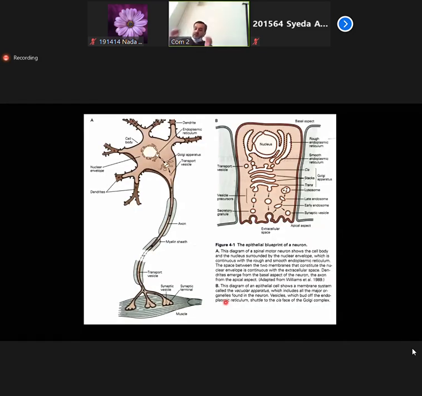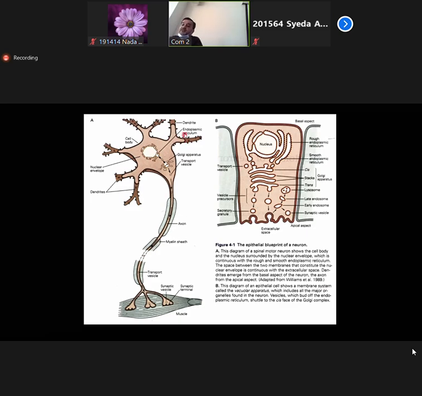So if we look at a neuron, we would find that it is a type of cell, but it's a little bit different type of cell from what we usually see. You would find a cell body, and then there are multiple processes which are called neurites. Now, the processes which are coming out from the cell body are called the dendrites.